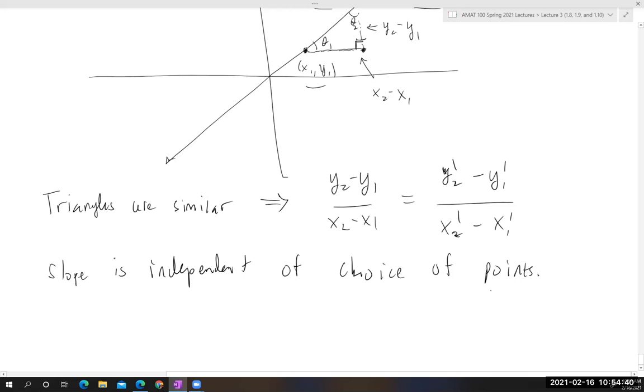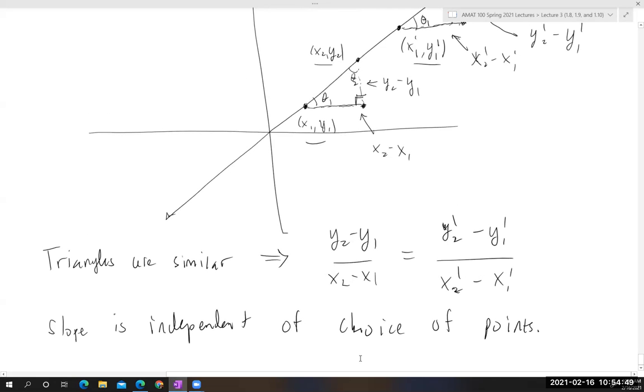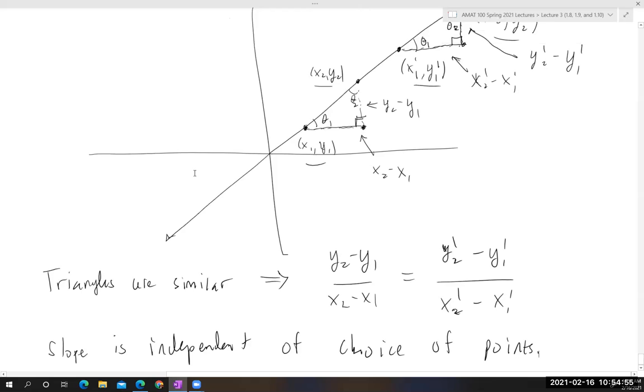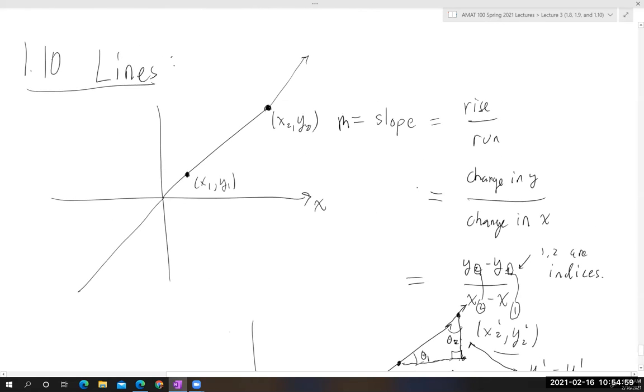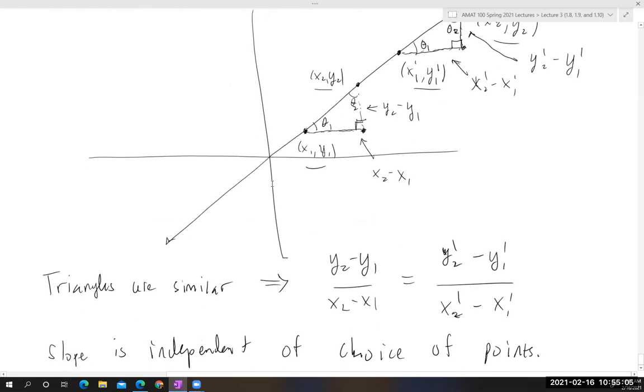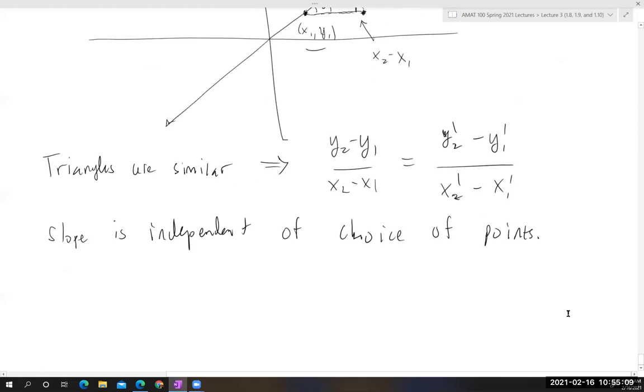So it is truly an invariant of the line in some sense. And what this means is that as long as the points are on the line, you can choose any pair of points and you'll get the same slope. So the problem that we initially raised, of whether or not this definition of slope was well defined, simply evaporates because we showed that it's independent of the points you choose.